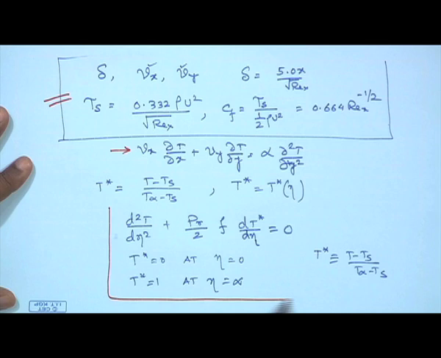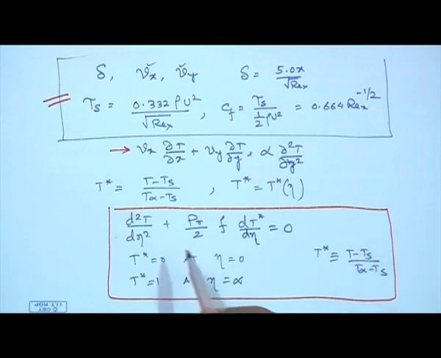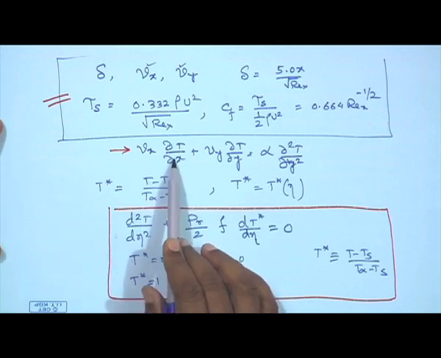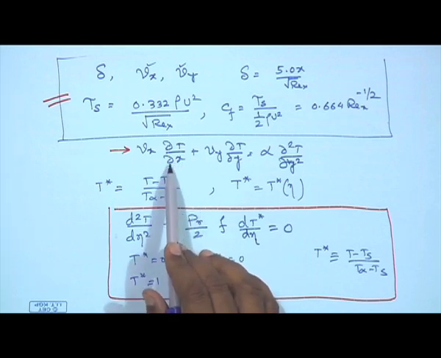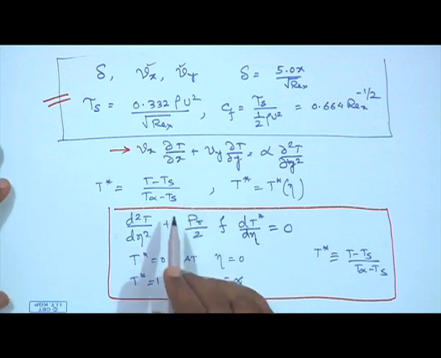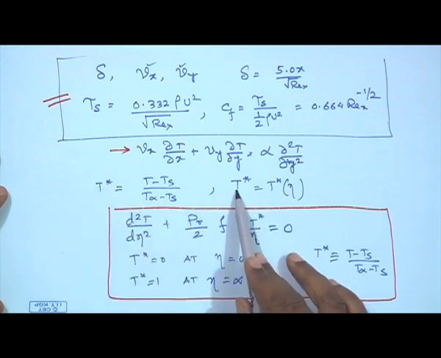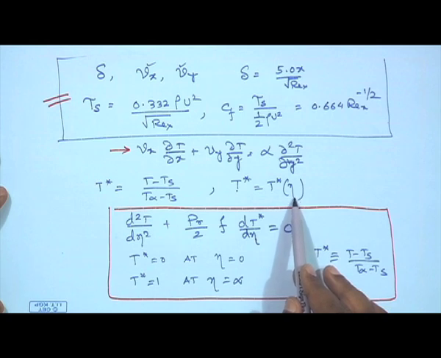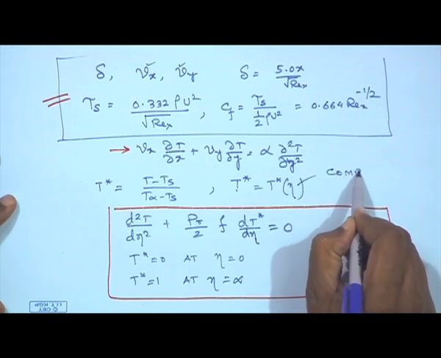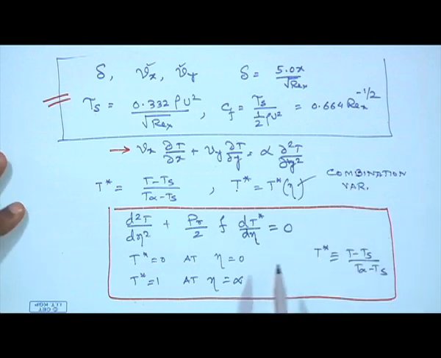Please look carefully at what I have done over here. From the partial differential equation for heat transfer inside a thermal boundary layer, we have substituted a dimensionless temperature. We have identified that this dimensionless temperature is a function only of eta, where eta is the combination variable.